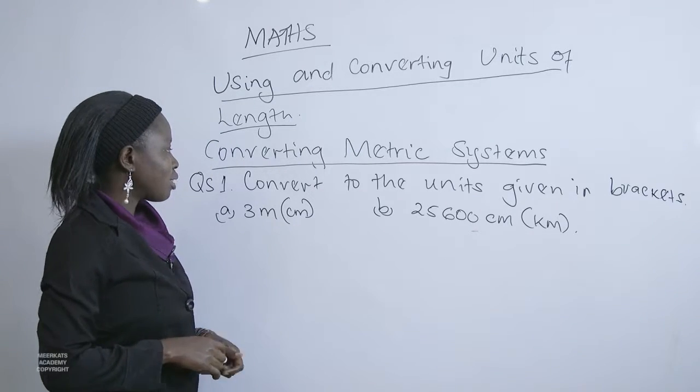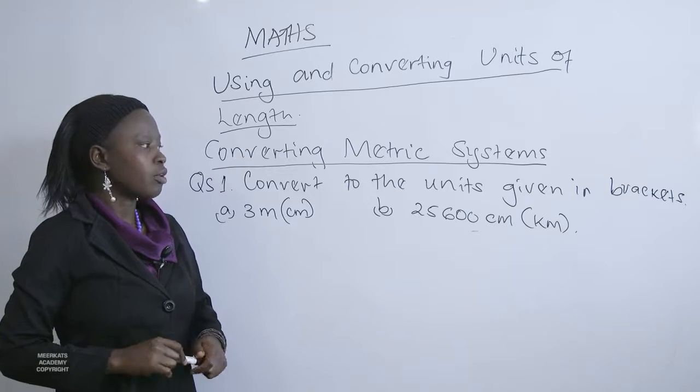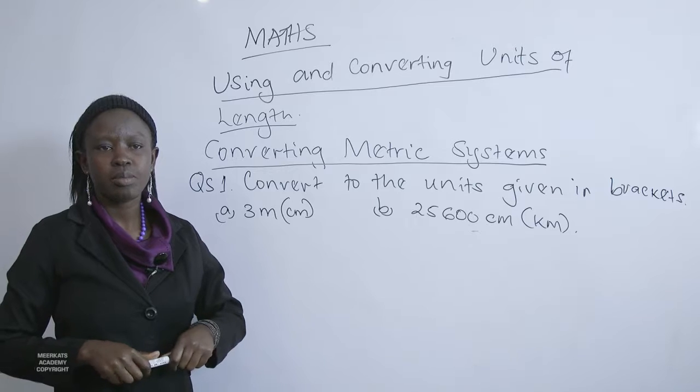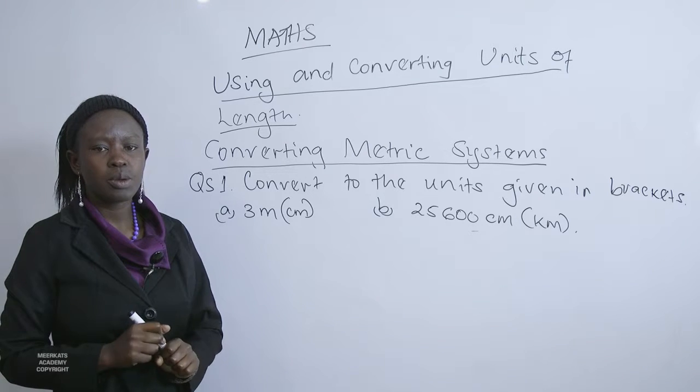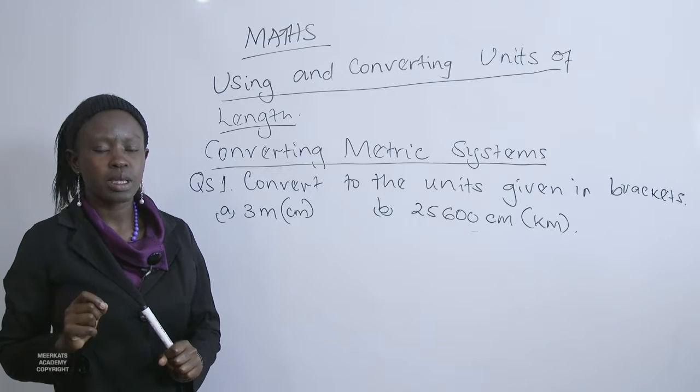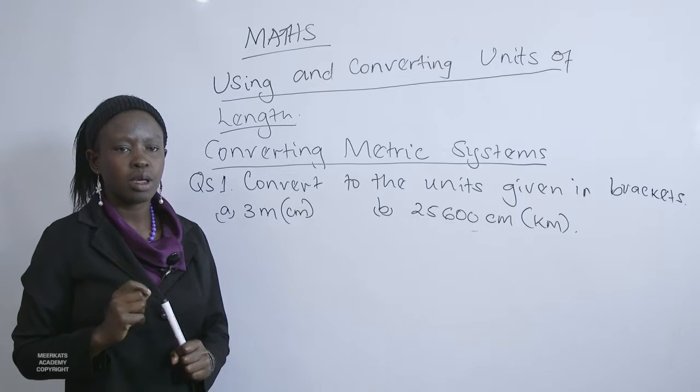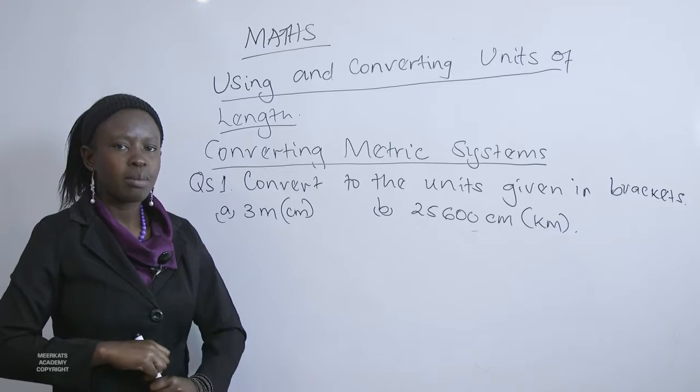So we have the question on the board that we are supposed to convert to the units that are given in brackets. So whatever we've been given, we convert it to the units that are indicated in the brackets.